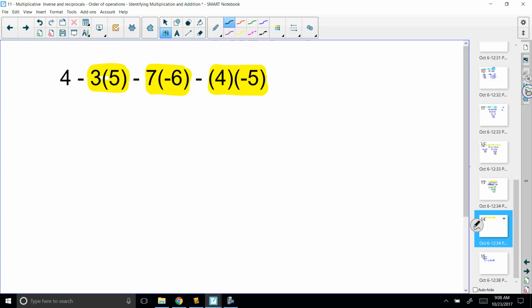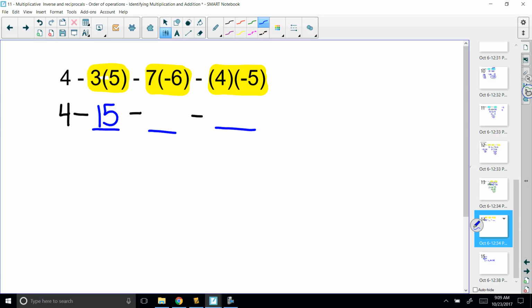So in my problem, I have 4 minus, and then I'm going to have my product, minus the product, minus the product. So right here is going to be those products when we multiply. So I look at the first multiplication, 3 times 5. A positive times a positive is a positive, so we have 15.